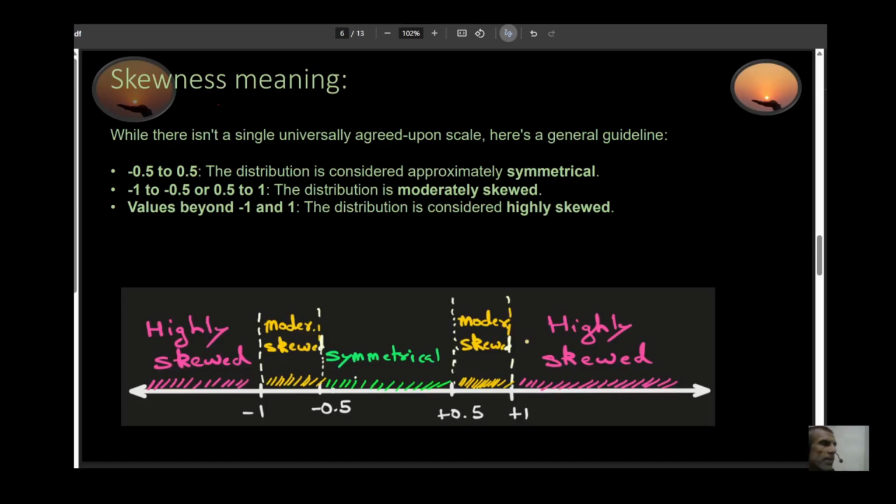Now, when we get this number, the skewness number, how do we read that? Well, if your answer is between minus 0.5 to plus 0.5, then for the most part, you can consider your curve as symmetrical. So your curve, you can go something like that.